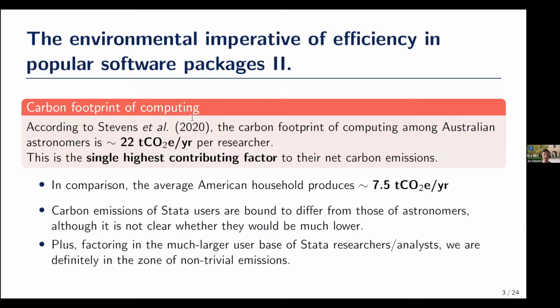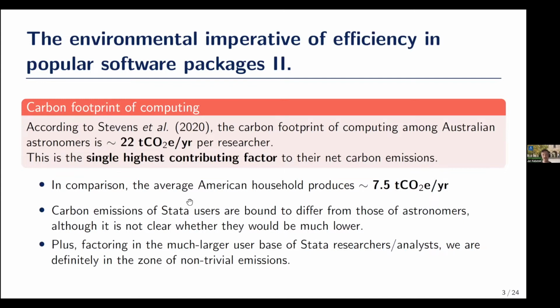And they basically found that the carbon footprint of computing alone per researcher is about 22 tons of CO2 emissions per year. Now, this might not seem like a meaningful number, but sure enough, it was the single highest contributing factor to their overall carbon emissions.